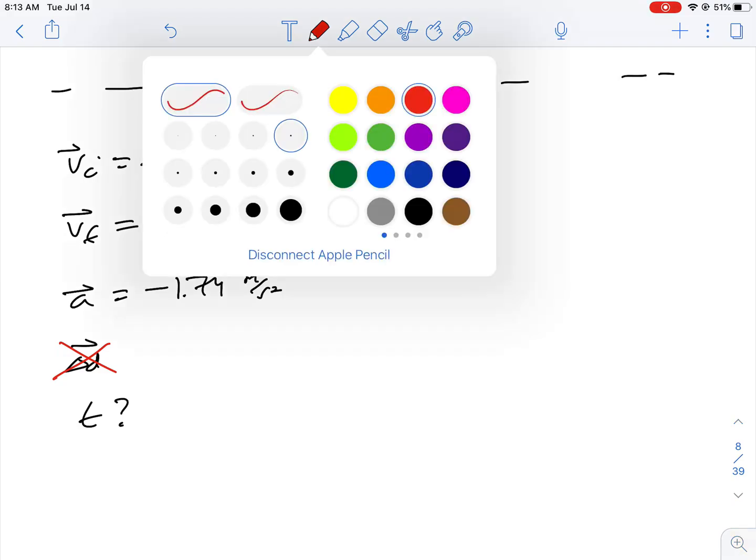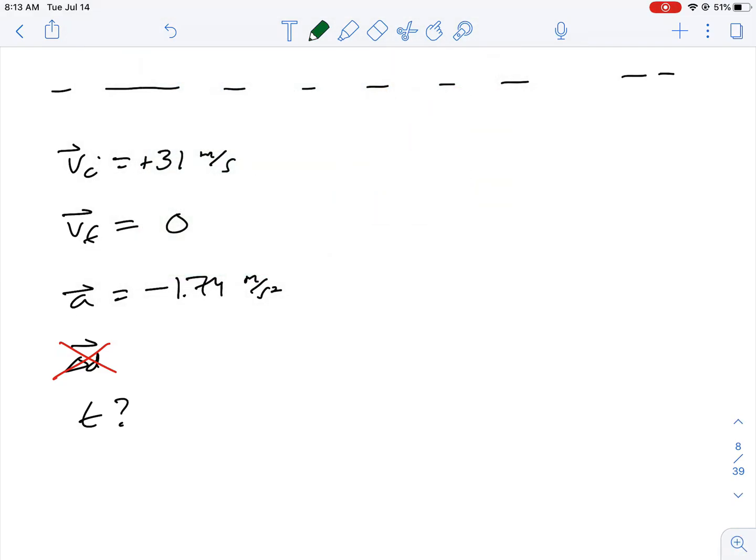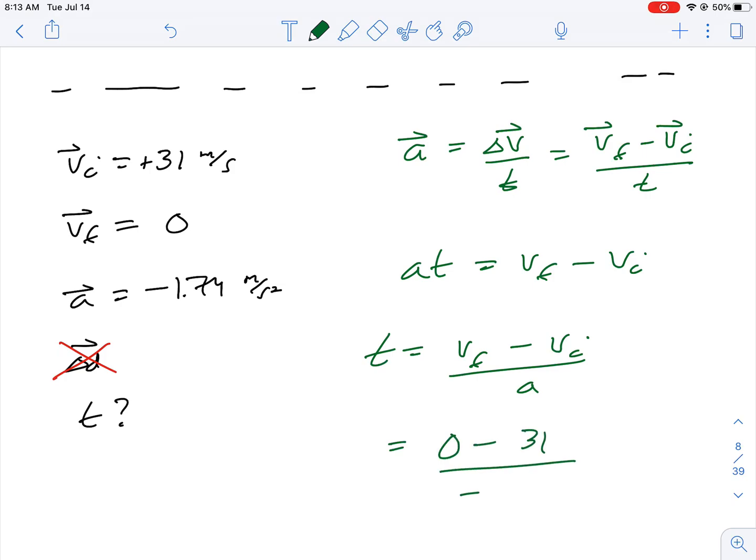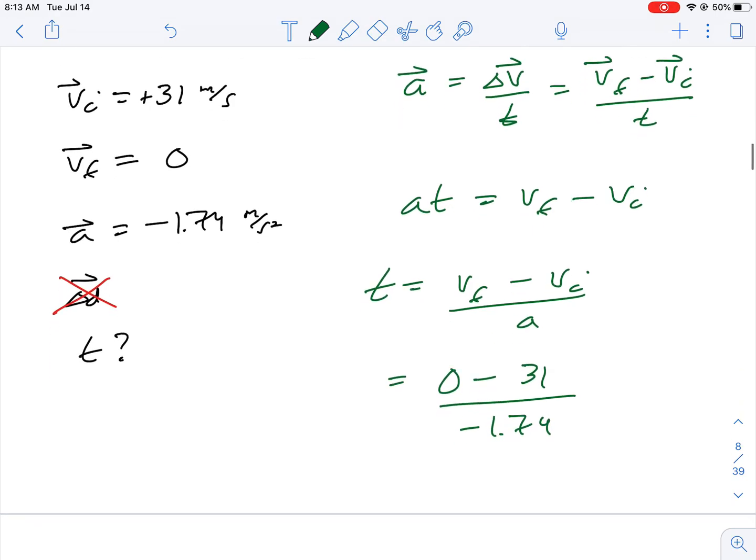And now we can solve the question. So the equation that does not have displacement in it is a equals delta V over T, or V final minus V initial over T. Cross multiply, solve for T. So it becomes 0 minus 31 divided by negative 1.74.